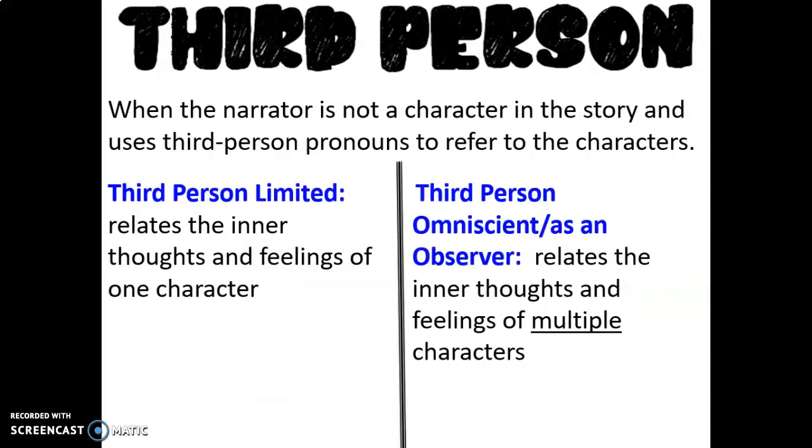And then third person, when the narrator is not a character in the story and uses third person pronouns to refer to the characters. So as I mentioned before, we can have that third person limited. It's relating their inner thoughts and feelings of one character. It's a person who's observing what's happening, but it's just one person who's observing.